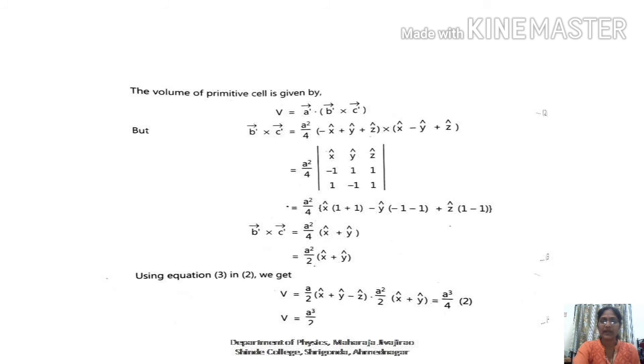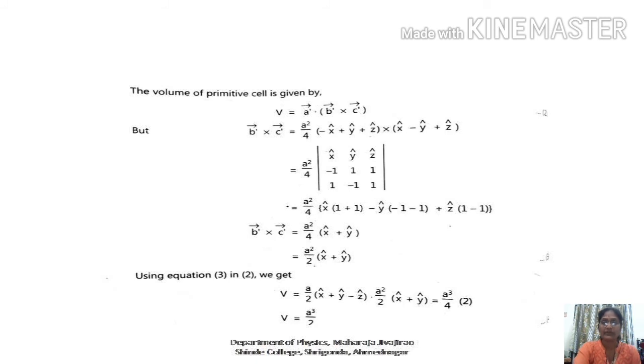Solving this, you will obtain a square by 4 into bracket x cap into bracket 1 plus 1, minus y cap into bracket, by multiplying, minus 1 into 1 comes out as minus 1, minus 1 into 1 comes out as minus 1, that is minus y cap into bracket minus 1 bracket complete, plus z cap into bracket product of minus 1 into minus 1 comes out as plus 1 minus product of 1 into 1, that is 1.